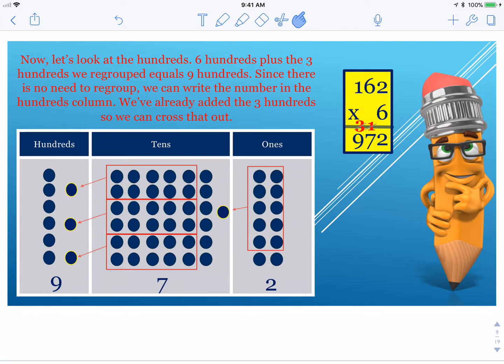So if you look closely, you'll see that we originally had 600s, but we've added 3 to it, and that gave us 9. So if you look over here, the 6 with the 3 added onto it is 900. So our answer, 162 times 6, is 972.